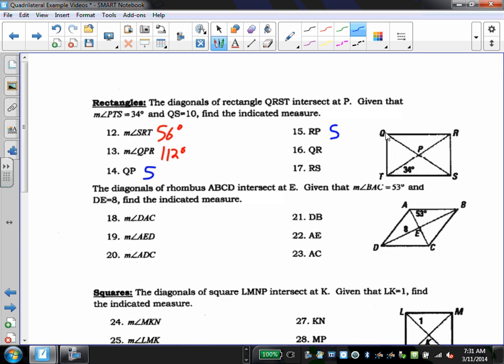For QR, for example, so here's QR. We can say that QR is part of this right triangle right here. And given that this is 34 degrees, we know that this up here is going to be 56 degrees.